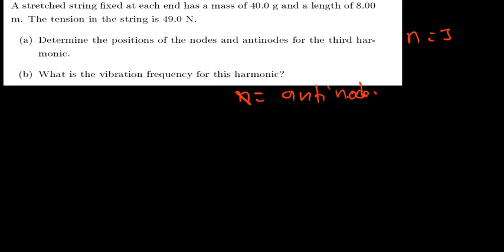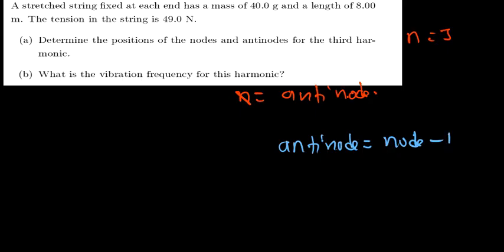Now there is a formula which you have to know. If you have got 3 antinodes, the number of antinodes is given by the number of nodes minus 1.